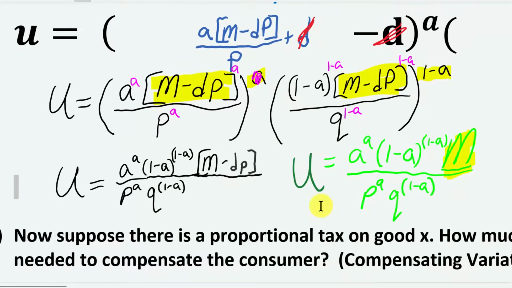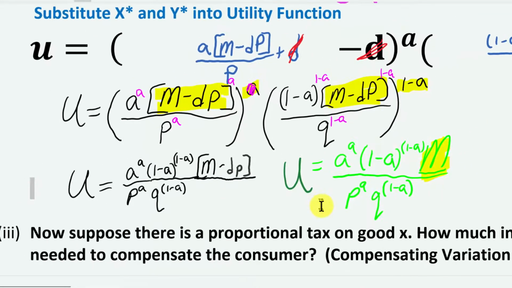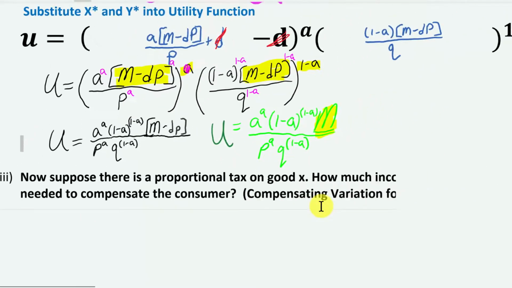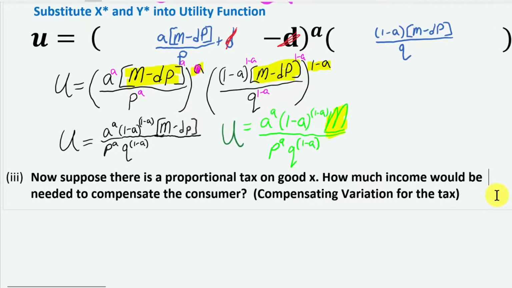What I said at the end of that video is there was a third problem in this set that I wanted to talk about. Now let's suppose that somebody taxes good X. How much income would we need to compensate the consumer? So we're talking about the compensating variation for the tax.